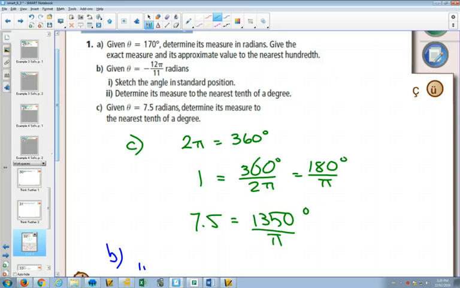So 7.5 radians is exactly 1,350 divided by pi degrees. If we want to figure out what that is approximately, to the nearest tenth, 429.7 degrees.